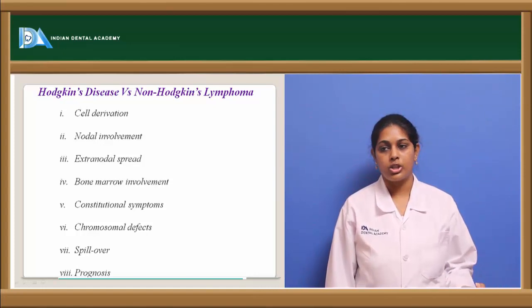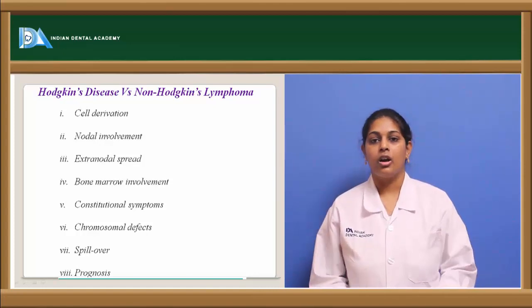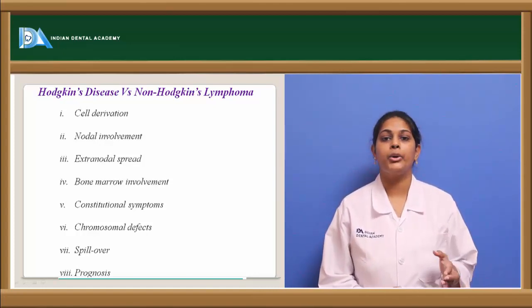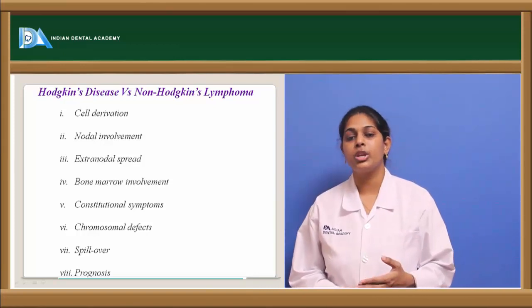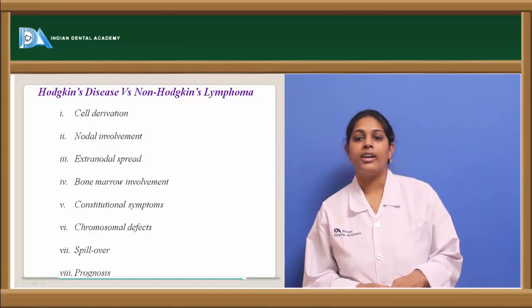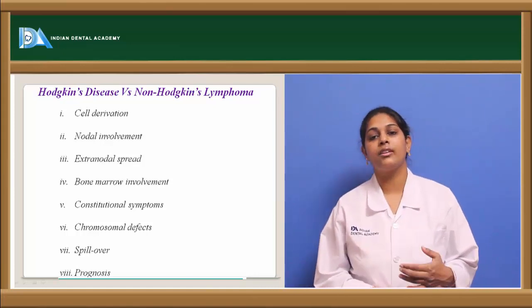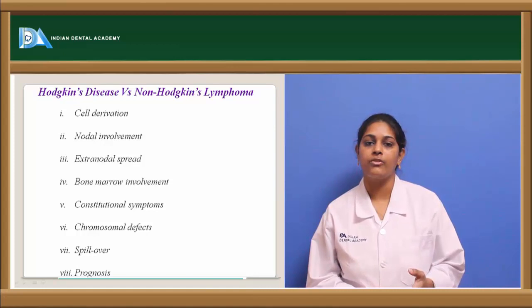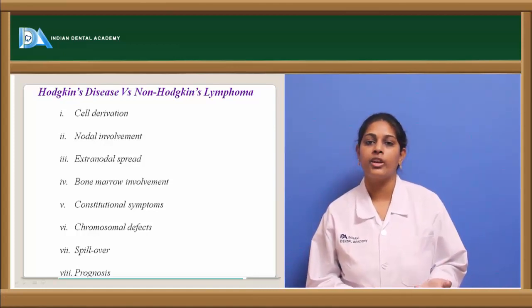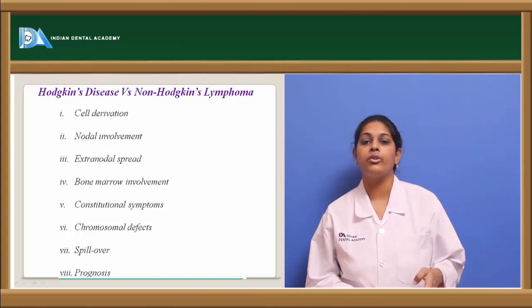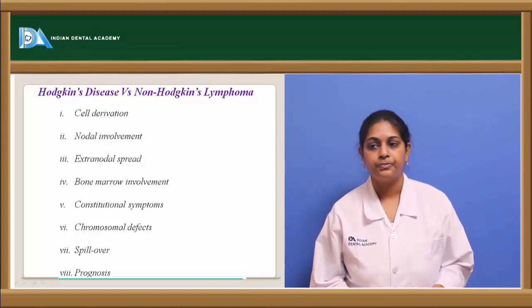Constitutional symptoms are very common in Hodgkin's lymphoma compared to non-Hodgkin's lymphoma. Chromosomal defects in Hodgkin's are usually due to aneuploidy, whereas in non-Hodgkin's lymphoma we see translocation as well as deletion of certain chromosomes, since genetic etiology is one of the major etiologies observed in patients with non-Hodgkin's lymphoma.